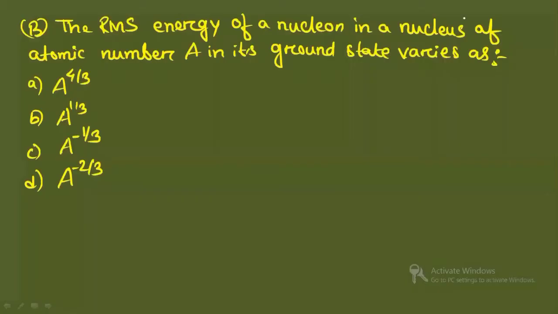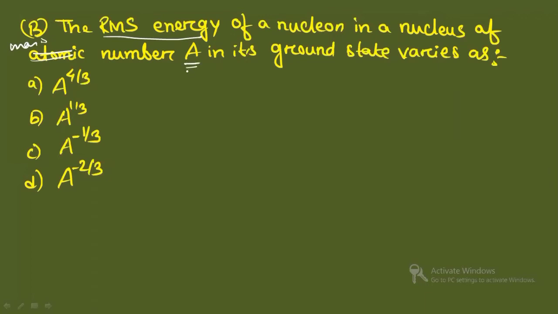Now, this question has a part B also. Firstly, this is the mass number, not the atomic number. So the question says the RMS energy of a nucleon in a nucleus of mass number A in its ground state varies. So we need to see the variation of the RMS energy of a nucleon in a nucleus with the mass number A in its ground state.